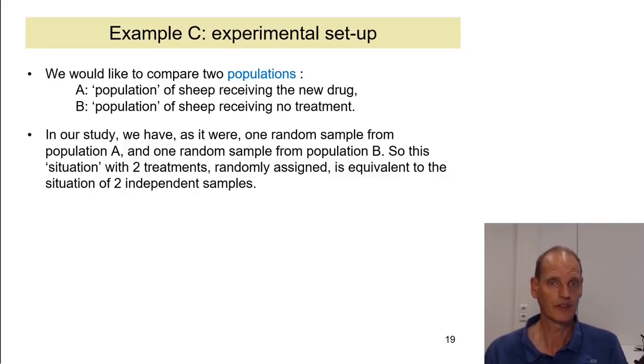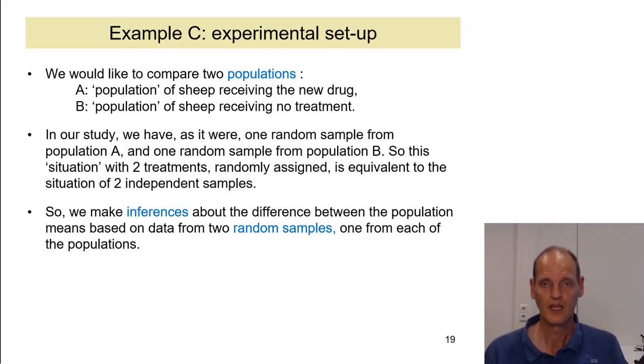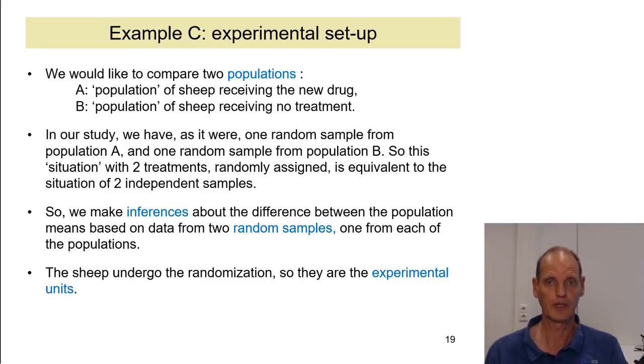And the 2 cases, observational research and experimental research, are analyzed in the same way. We make inferences about the difference between the 2 population means based on the data from 2 random samples, 1 from each of the populations. The sheep undergo the randomization, so they are the experimental units, a very important term, just like sampling units, because the units that undergo randomization can be seen as independent units.